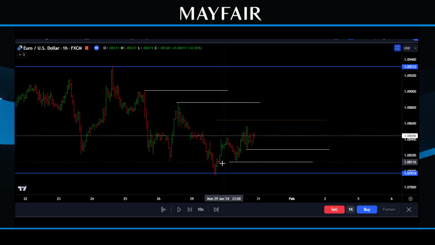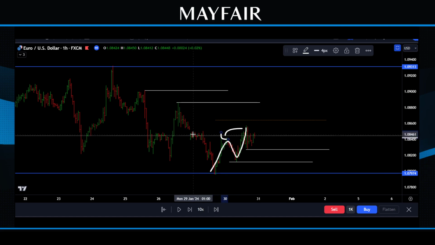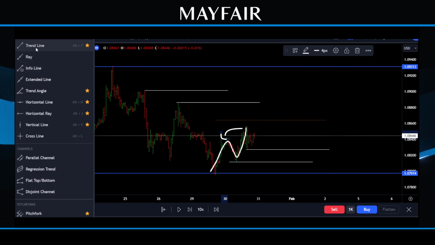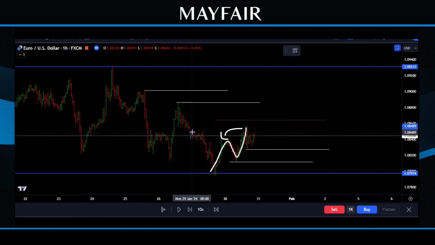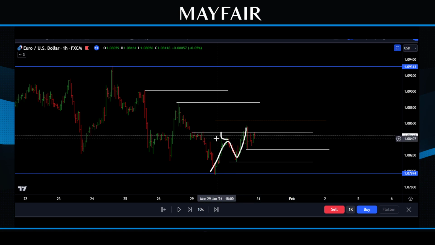What we've done after the sweep is we've gone up, we've come down, we've gone up and taken a new high. However, if I was to draw this out here to here, what we have at the moment is almost like a very small internal sweep. This internal sweep has basically come out.